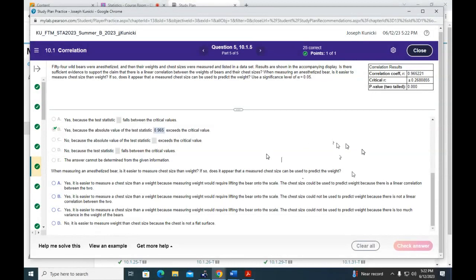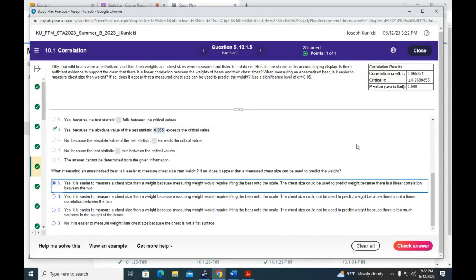See, it says yes, because it requires lifting the bear onto the scale. But anyway, I think it's A. This is kind of an unrelated question. So it's A.